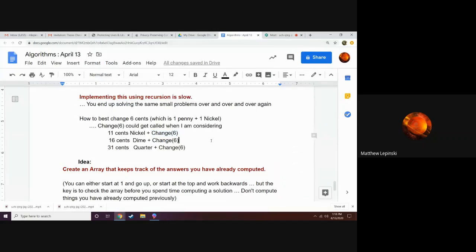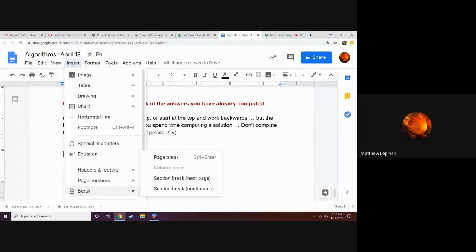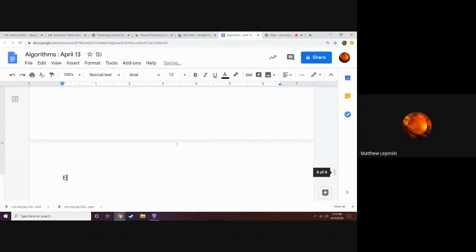Okay, so let me introduce you to another example problem. I'm going to show you a picture for this, but I want to describe it first, and then I will show you a picture.